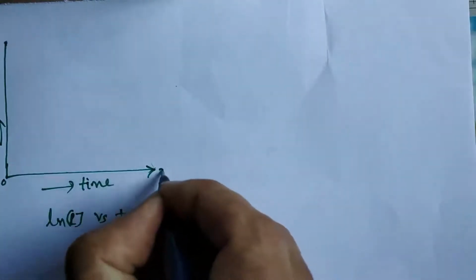That is the first graph. This is the x-axis and this one is the y-axis and this one is the origin. It is a negative slope. The intercept denotes the ln R0, and the slope is equal to minus k, it is a negative slope.